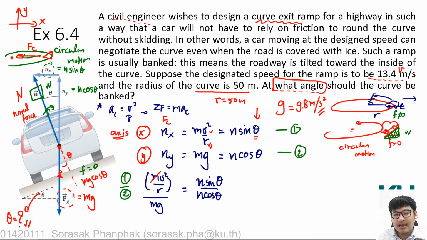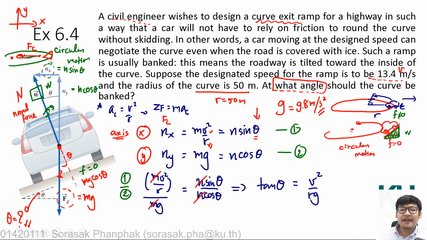So you can see m cancels, and n also cancels. Finally, you get tan theta equal to v squared over rg.